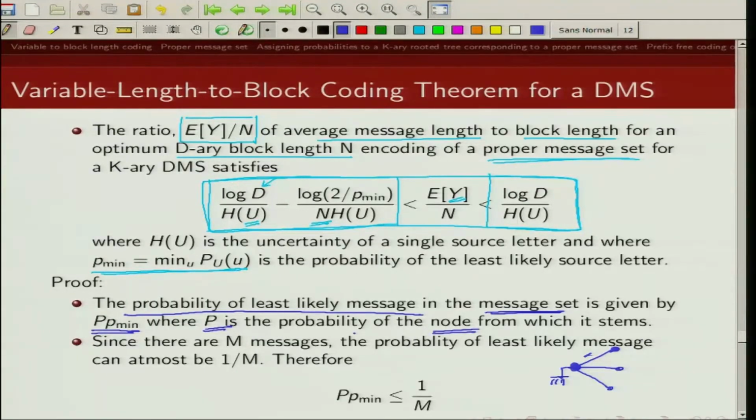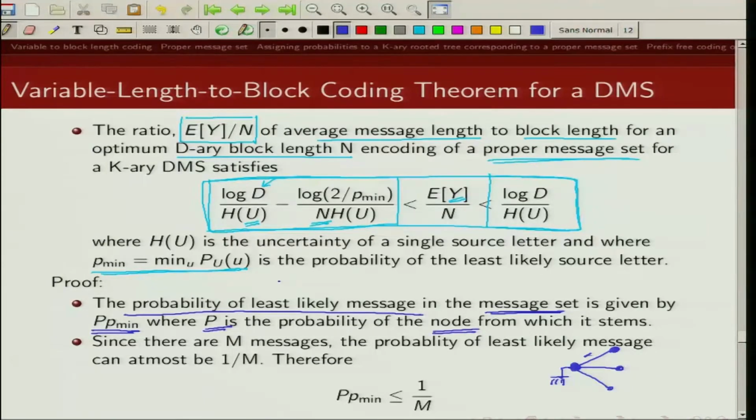And what are the messages in the proper message set? The messages are nothing but the leaves of the proper message set. So the claim I am making is that the probability of the least likely message, which corresponds to a leaf in a message set, is given by P times P min, where P is the probability of the node from which it stems and P min is the probability of the least likely source letter.